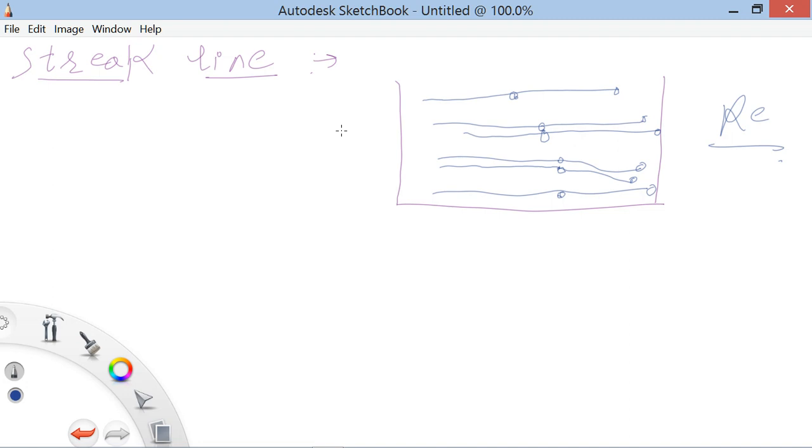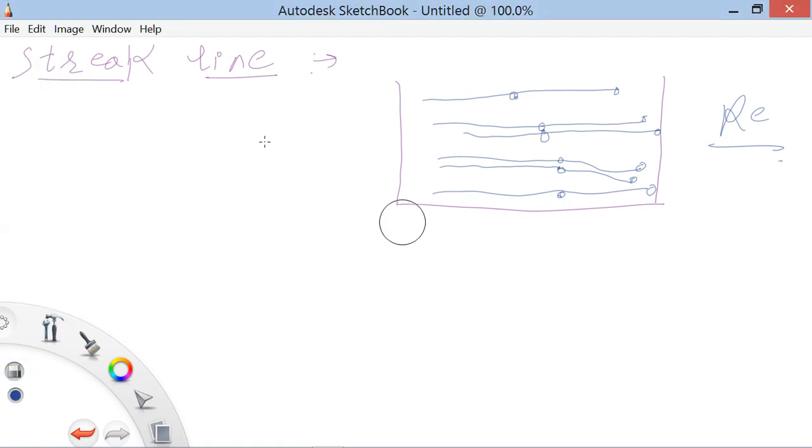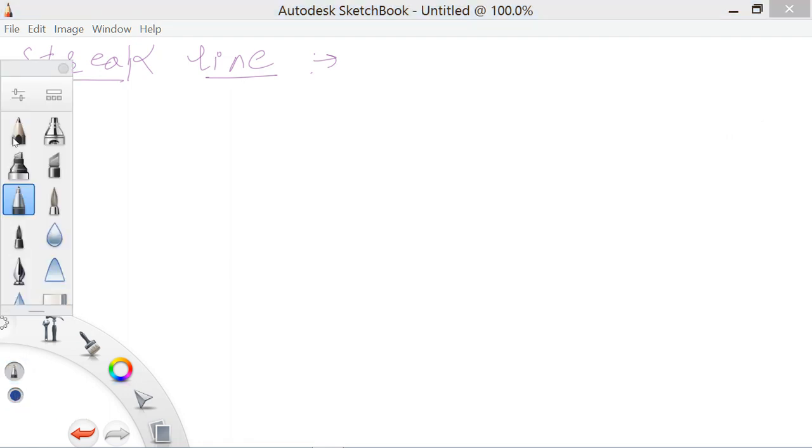Now after that, one more important and basic question that will always be there is the difference between the various flows, such as steady flow, unsteady flow, uniform flow, non-uniform flow.